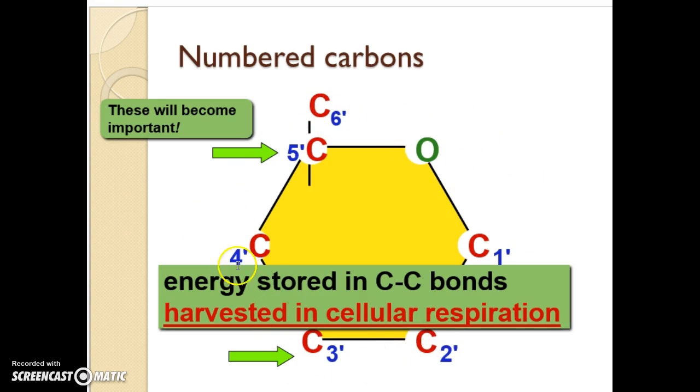The other thing that is shown in this slide is the fact that energy is stored in these carbon-to-carbon bonds. That's important to remember, looking at the bigger picture: sugars or carbohydrates are the energy storage molecules in the human body and in all organisms, beginning with producers, with plants, who are converting sunlight into chemical energy in the form of sugar.